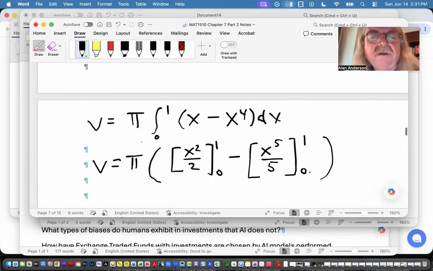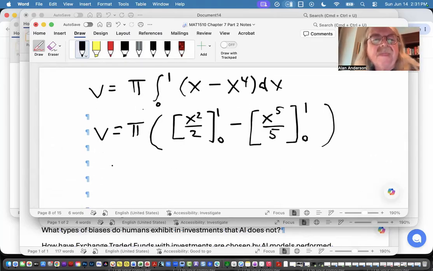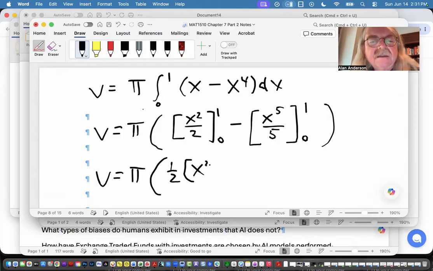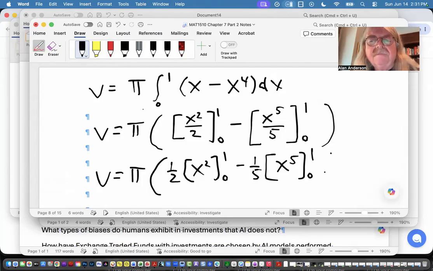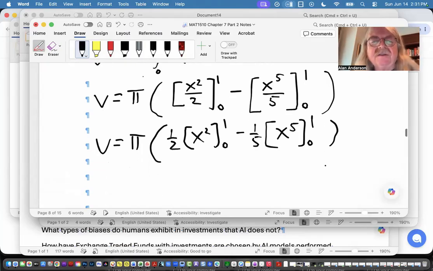All right, great. So the first thing we want to do is factor out those pesky constants. And then we make the substitutions.